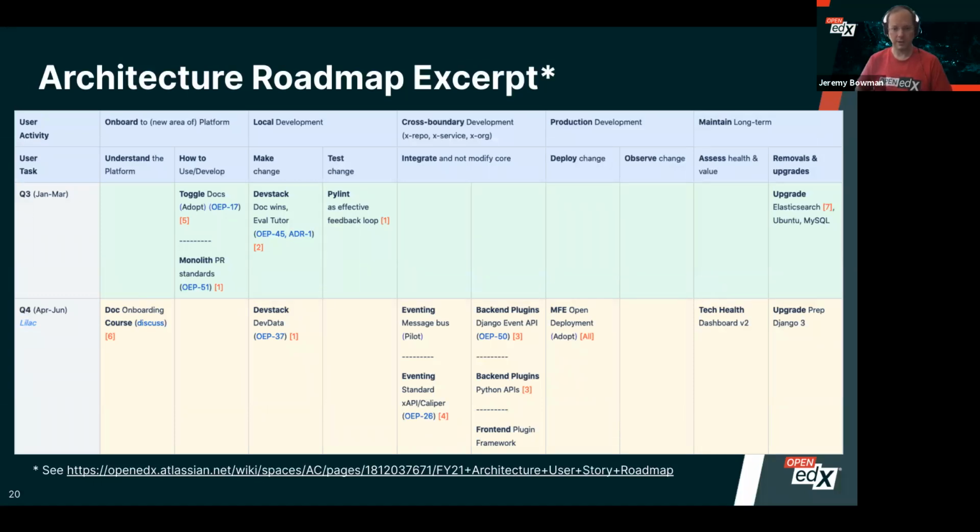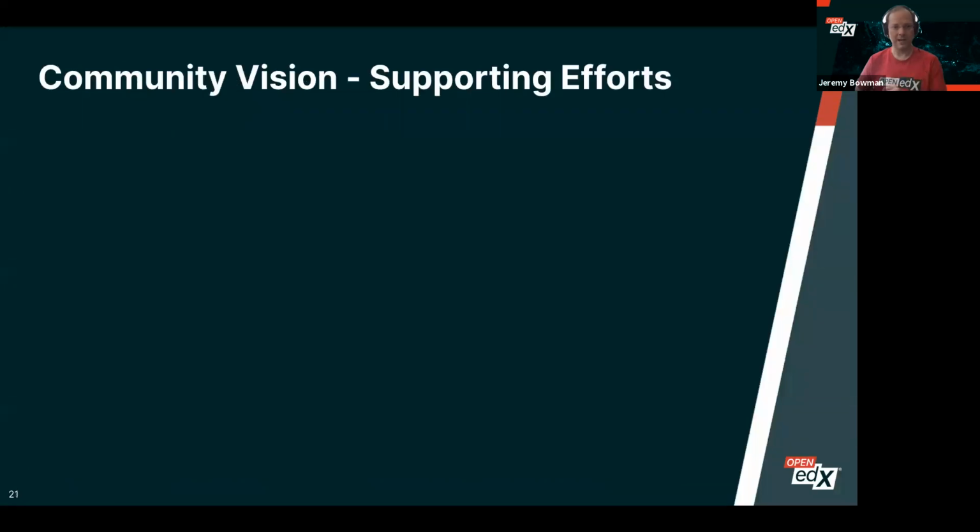It's public. Anyone can go see this. The link is there at the bottom of the page. And this shows what we're trying to do in different areas to improve the Open edX system, both in terms of community participation and improving the architecture of the system itself. And in the next few slides, I'm going to drill down into some of these specific items.